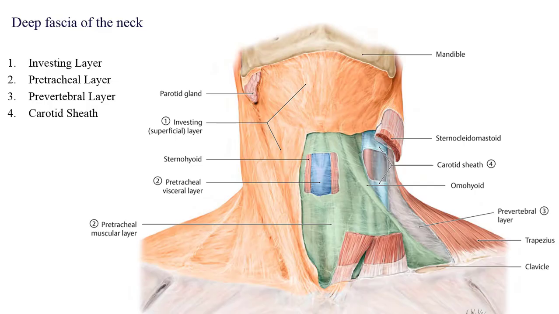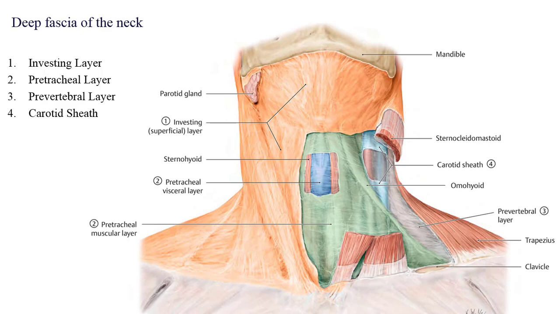Alright, next stop in this journey of the neck is to look at the deep fascia and cervical compartments. Deep fascia is typically denser than the superficial fascia and is devoid of adipose tissue. This fascia is important in surrounding and supporting muscle, organs, and neurovasculature.